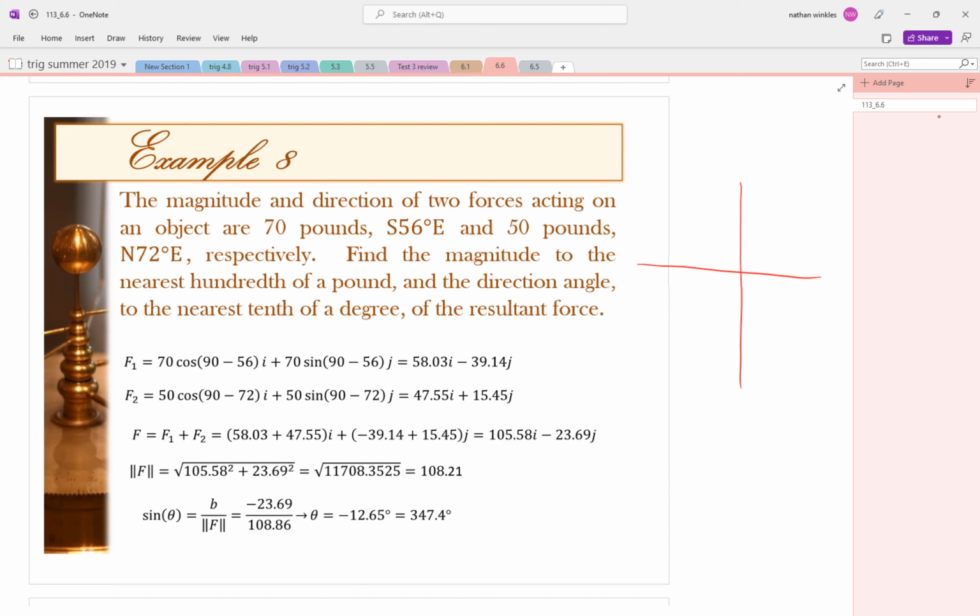Two forces acting on the object are 70 pounds at south 56 degrees east and 50 pounds at north 72 degrees east.